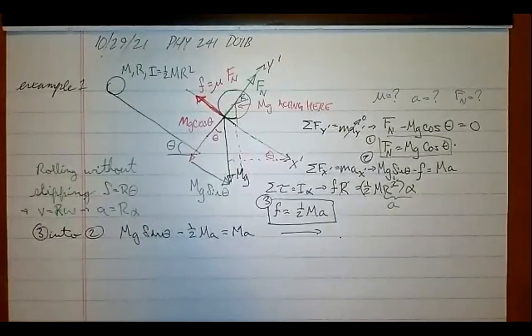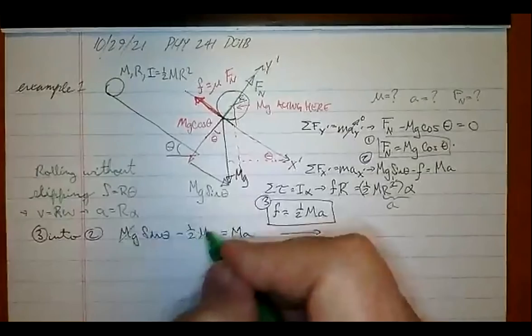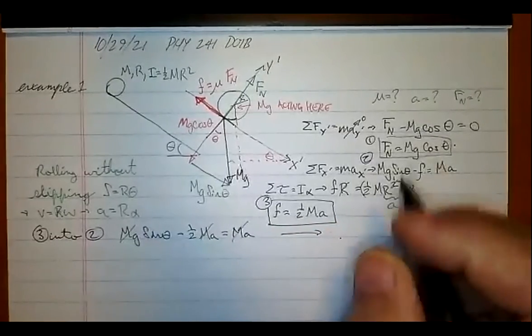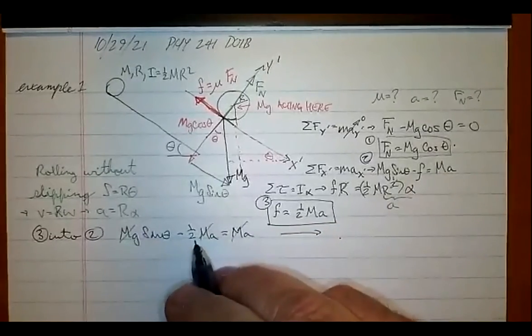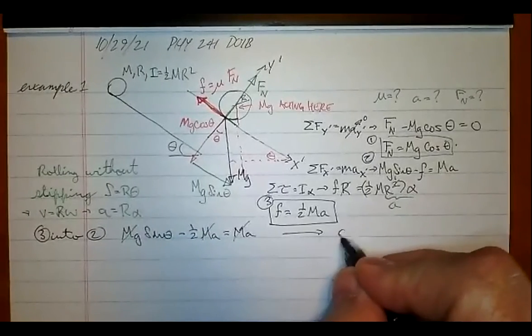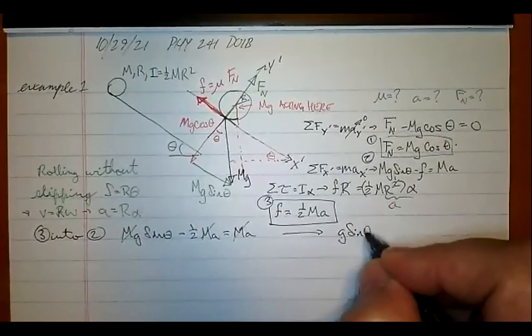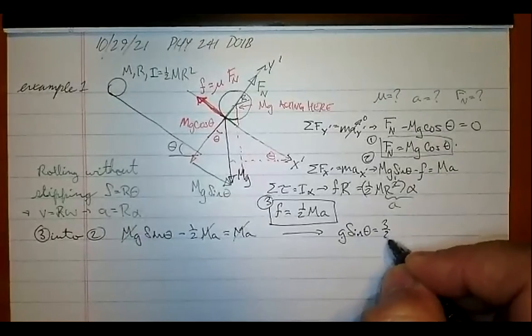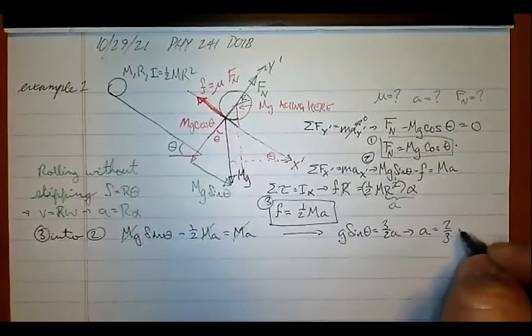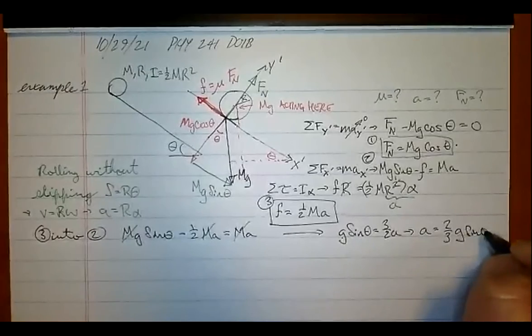So that's nice. We're getting an A that's going to be independent of the mass. So factoring out all those M's, when I pull this 1/2 A over here, this is going to become 3/2 A. So you can say g sine theta equals 3/2 A, or A is equal to 2/3 g sine theta.